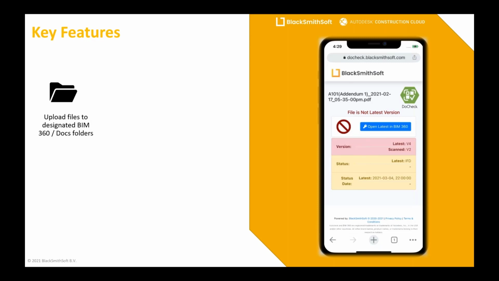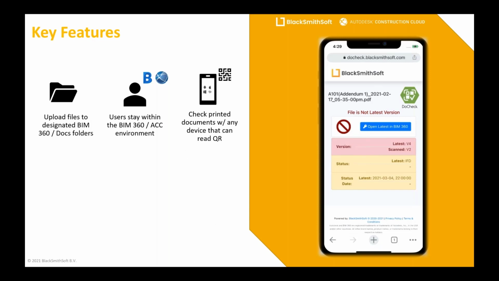These are folders that the administrator selects, and any PDF that is put inside this folder is automatically stamped with a QR code. The user stays within BIM 360 or ACC, the new unified platform environment, and doesn't need to leave and go to another application when selecting the files that need to be QR stamped.